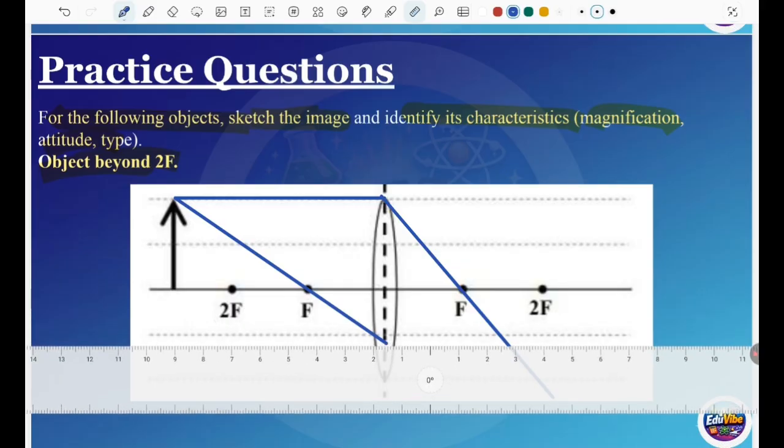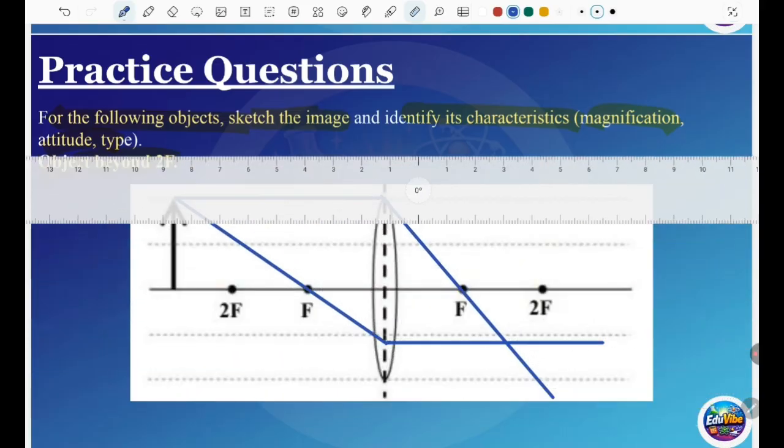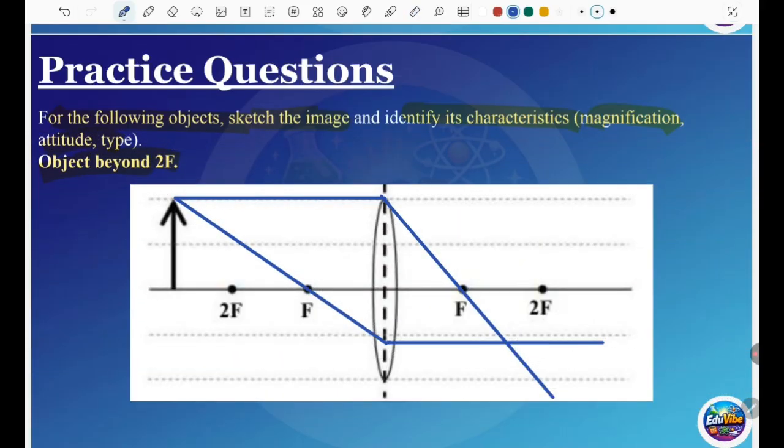To make the image, both refracted rays touch each other. You get the point over there, and this is an inverted image. So this is your image over there. If you want, you can make the arrow.